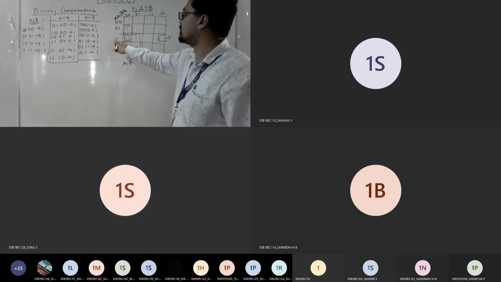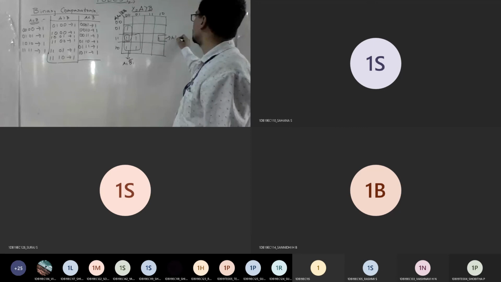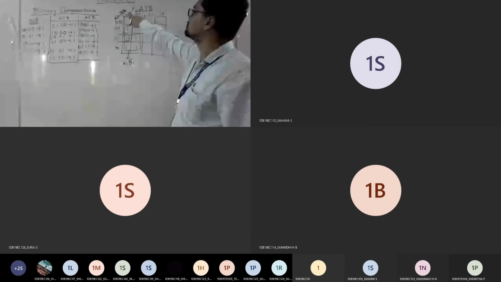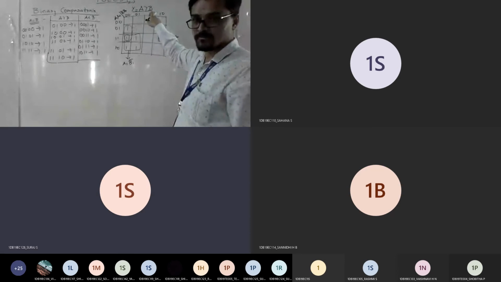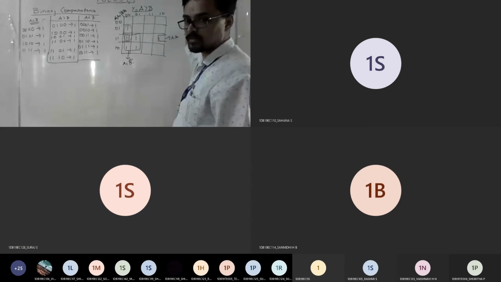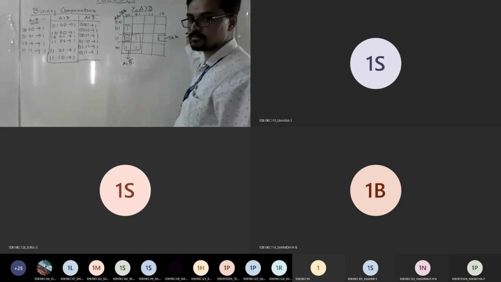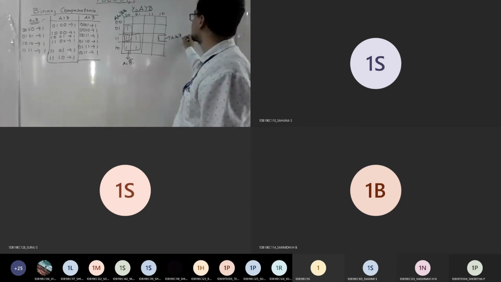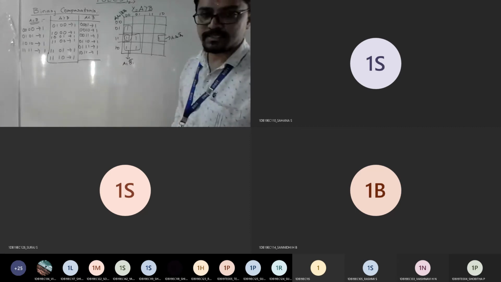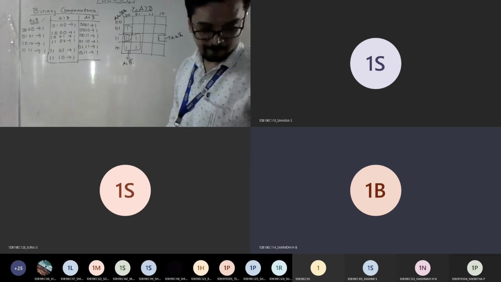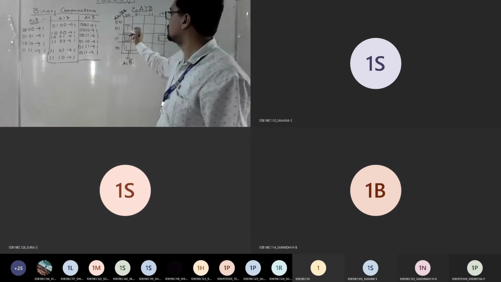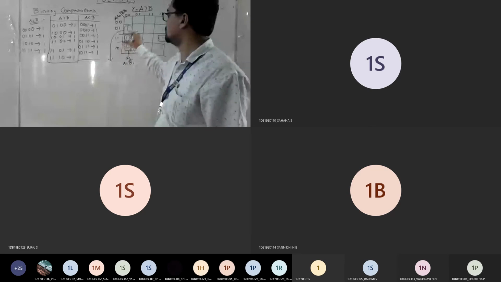Fine. So what about this pair? Here I can write A1, A0 as it is. And from these two combinations, what is common? Is it B0 bar? So is it A1 A0 B0 bar? Good. So last, this combination.